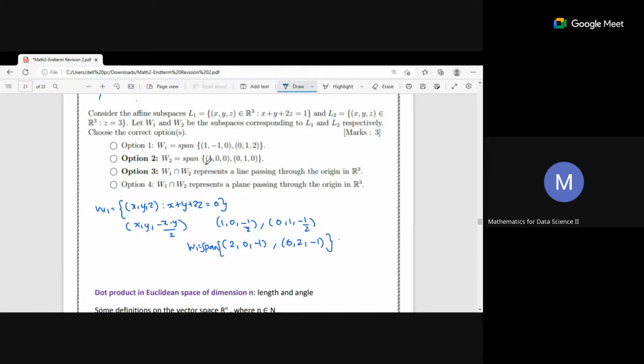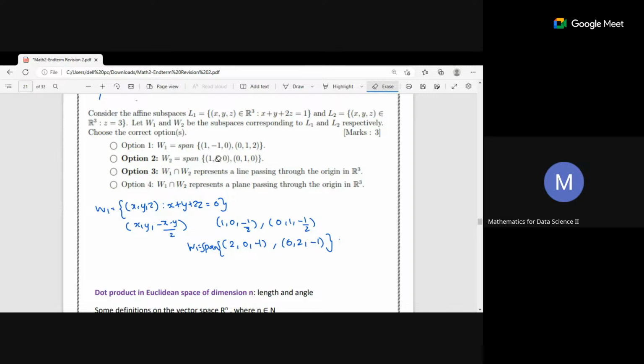Here it is given the span of 1, 0, 0 and 0, 1, 0. So you have to just match whether these two subspaces are the same. Here you are getting the xy plane. And this one is 1, minus 1, 0 and 0, 1, 2. Do they look similar? Not in any way. So make sure this W1 is not equal to this.